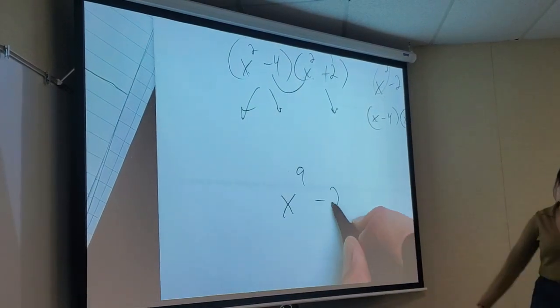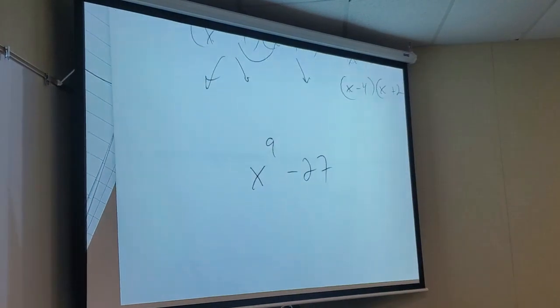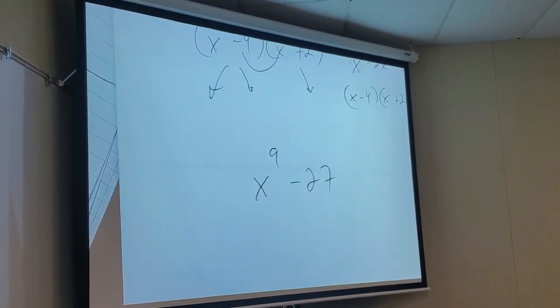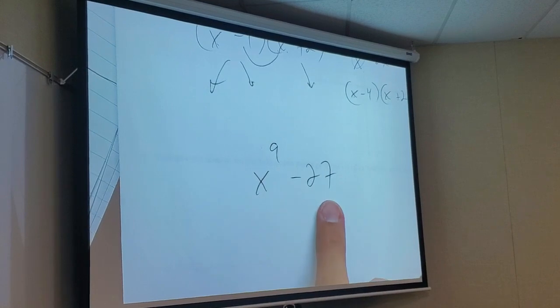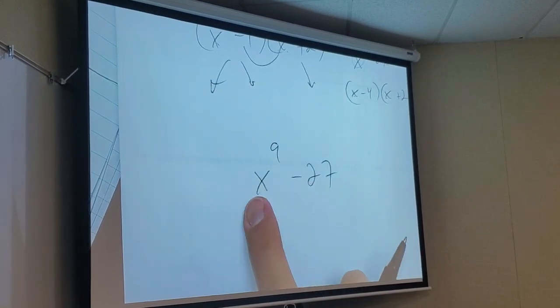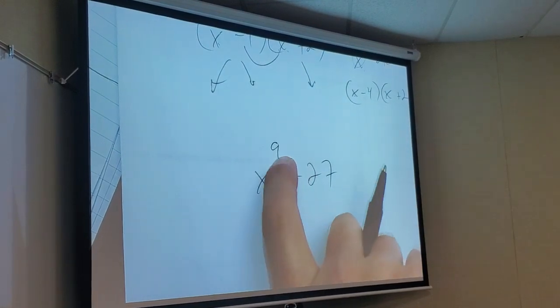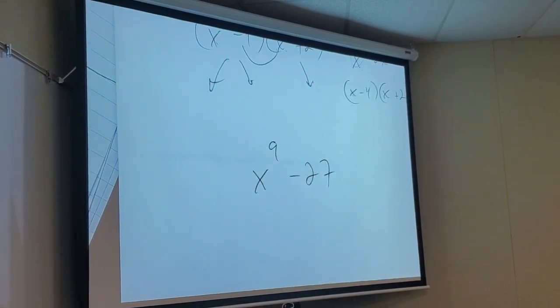If I had x to the 9th minus 27, your question to yourself is: this is the same idea, but a little different, because if I see 2 terms, it could either be squares or cubes, correct? Can you cut everything in half? Nope. Can you cut everything in thirds? Yep. In which case, it almost doesn't matter if this is not a 3. All that matters is, can you cut it in thirds, right?